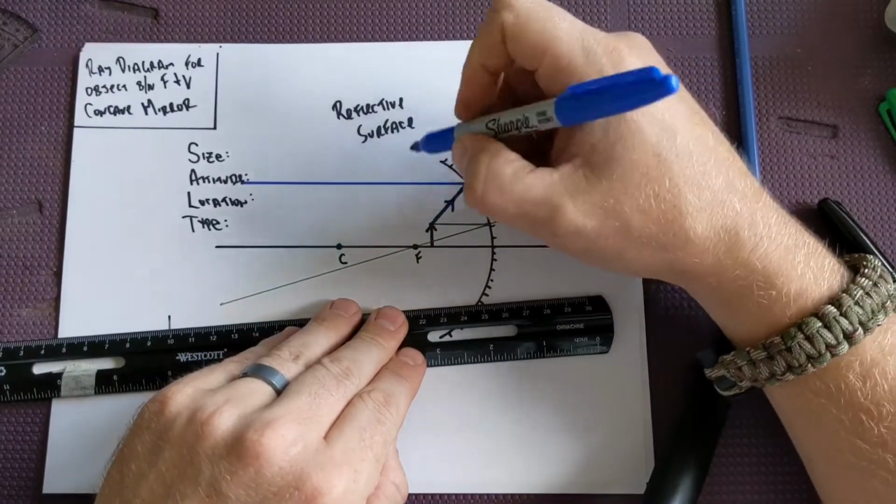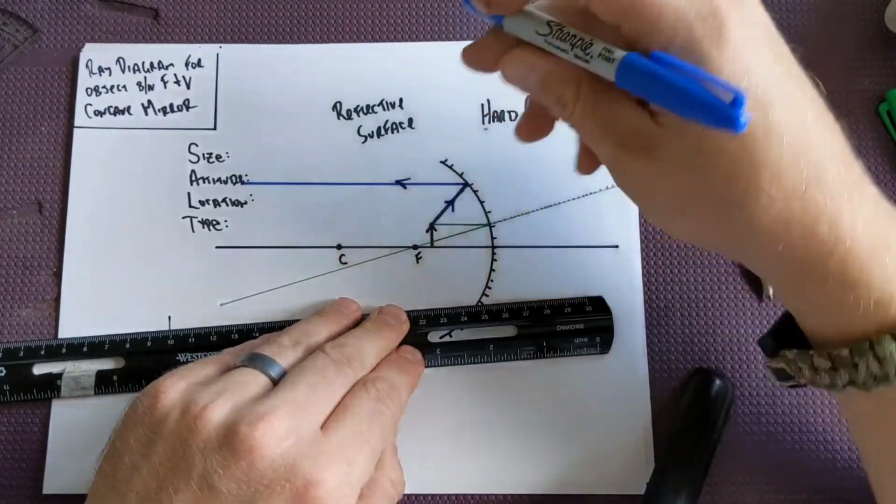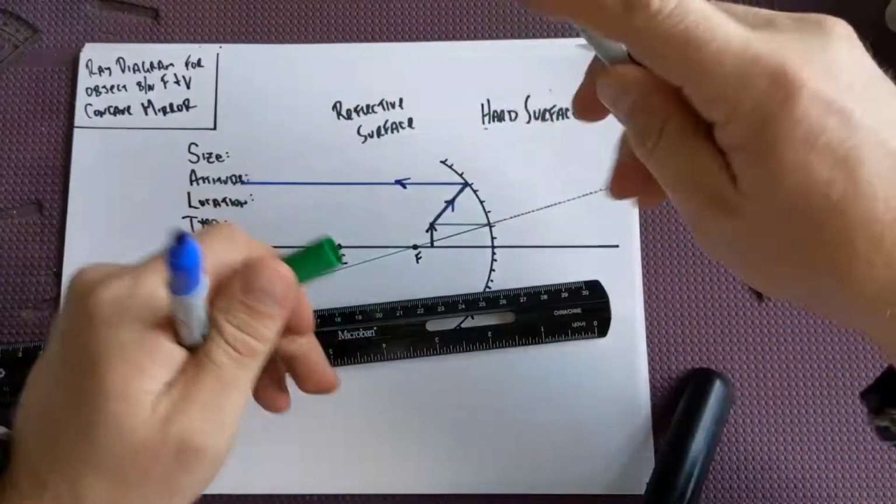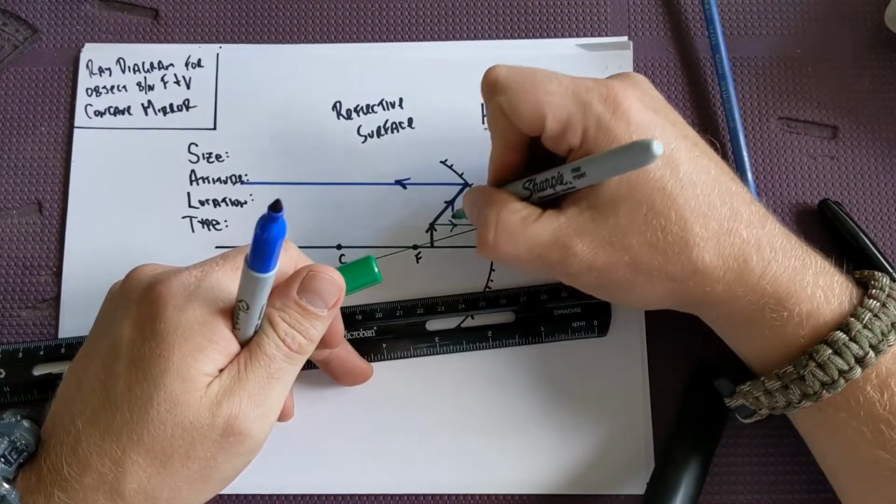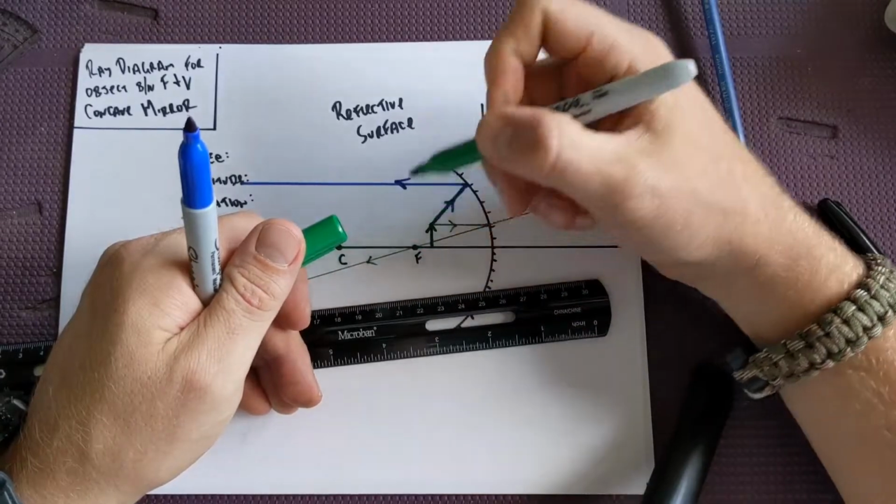So the ray is going this way and then reflecting this way. And just for continuity's sake, this way and this way.